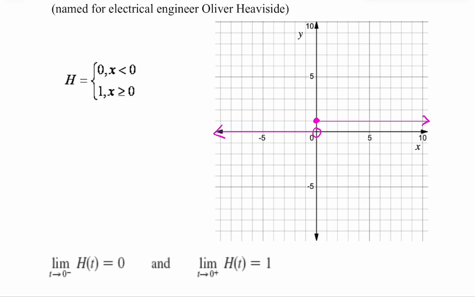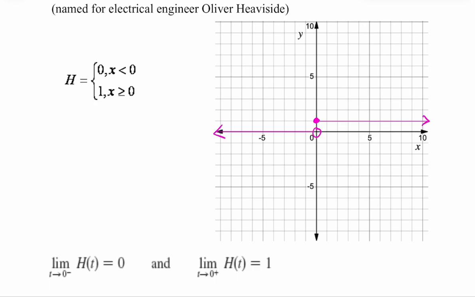What is at time 0 if we approach it from the left? Well, if we approach it from the left, what height are we stuck at? It's 0, right? But if we approach it from the right, what height are we stuck at? We are stuck at a height of 1.